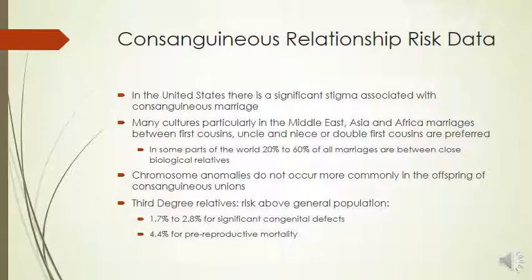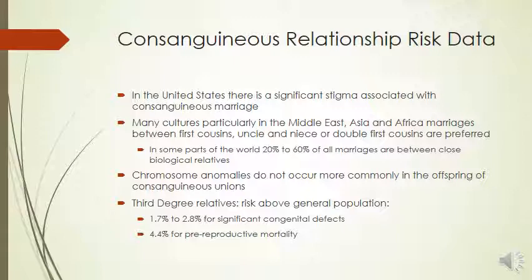In the United States, there is a significant stigma associated with consanguineous marriage. Many cultures, particularly in the Middle East, Asia, and Africa, prefer marriages between first cousins, uncles and nieces, or double first cousins. Therefore, in some parts of the world, 20 to 60% of all marriages are between close biological relatives.